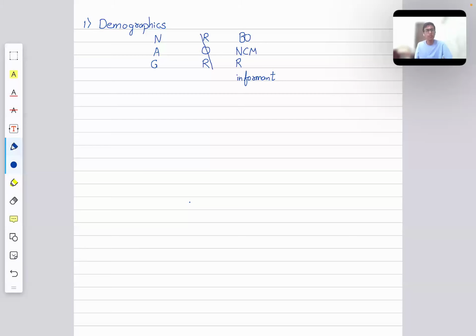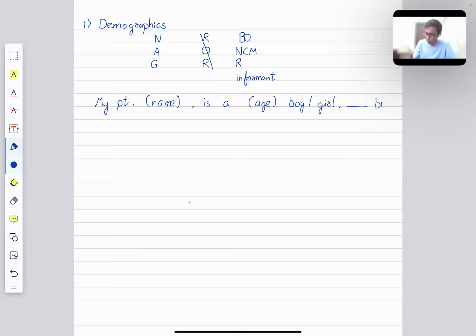So, how do we present this demographics? What you will say is, my patient, the name of your patient, is a 5-year-old boy or girl, dash by birth order, born of a non-consanguineous marriage.